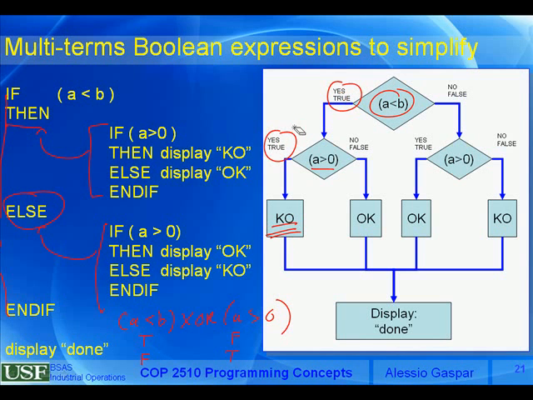If the first one is true, but the second is false, then they have different truth values. I display OK. If the first one now is false, the second one is true, I display OK. They are different. If the first one is false and the second one is false, I display KO. They have the same truth value.